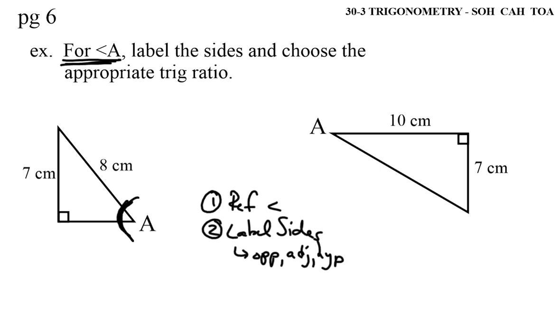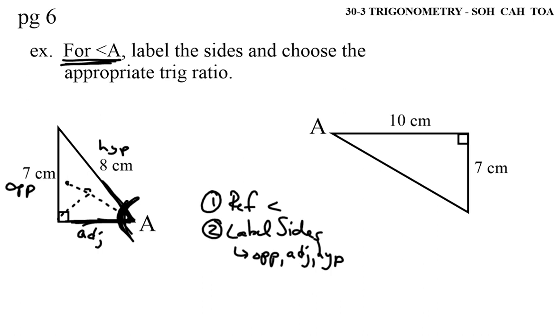So if we're using reference angle A, hypotenuse always opposite the 90. Opposite is always opposite the reference angle, and that leaves the adjacent. Attached to the reference angle, but not the hypotenuse. So that's adjacent.